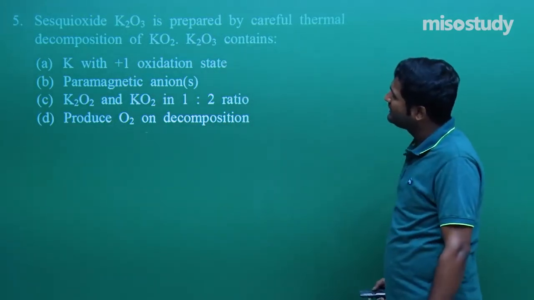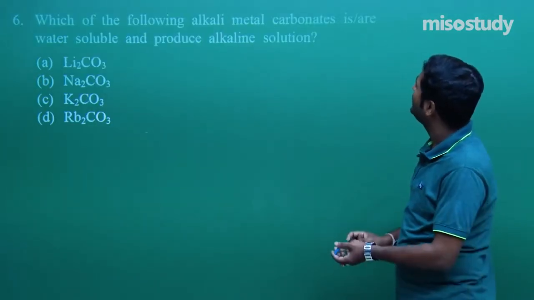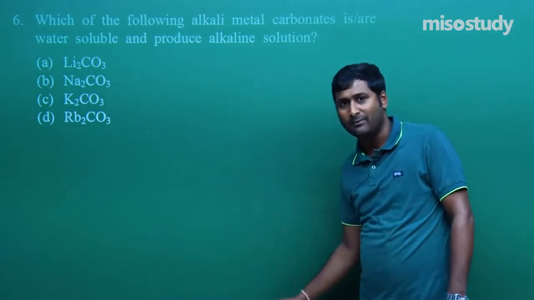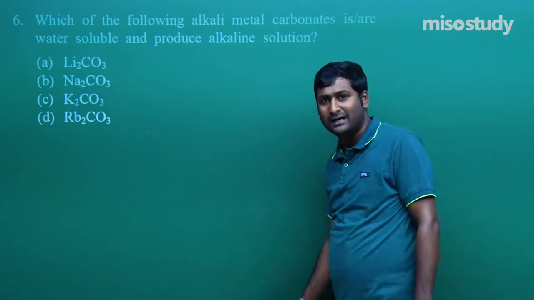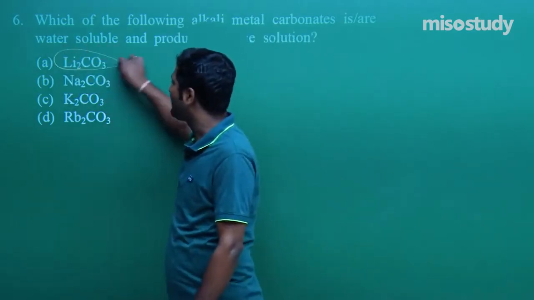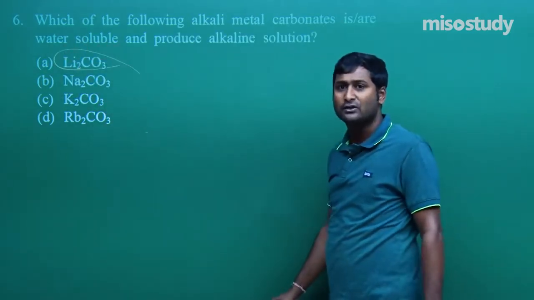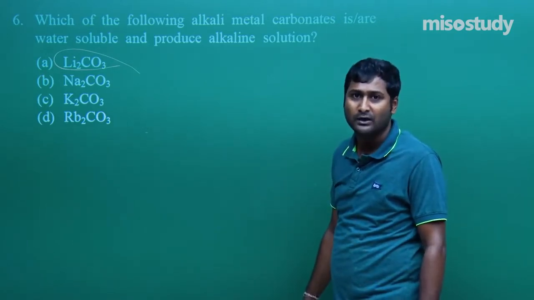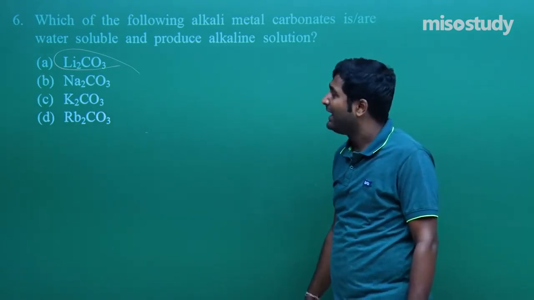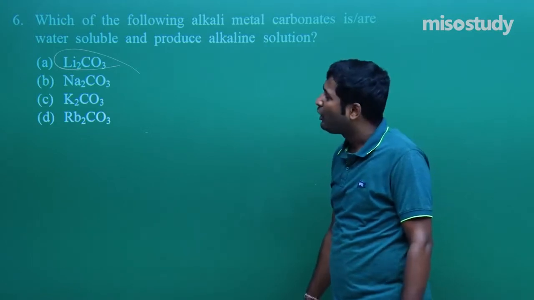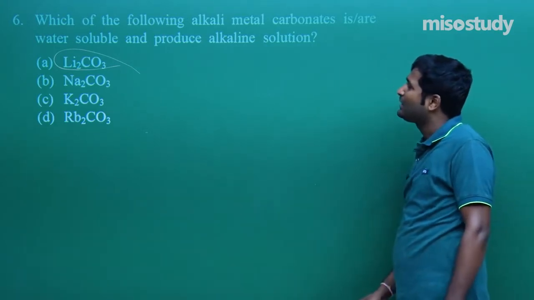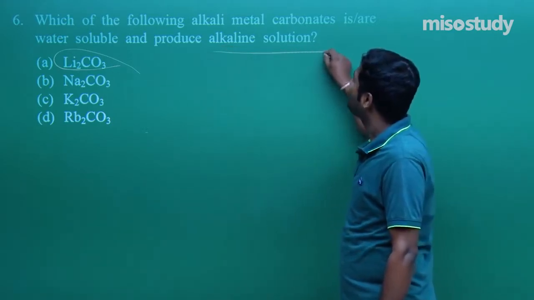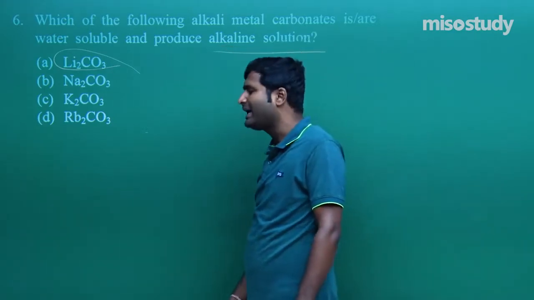The next one is, which of the following alkali metal carbonates is water soluble? Now tell me, I'm not gonna help you. As I discussed earlier, except lithium carbonate, all alkali metal carbonates are soluble in water, and they produce alkaline solution. Why alkaline?